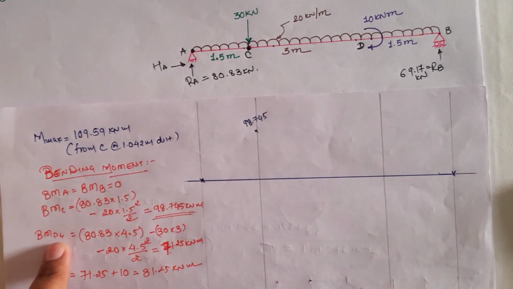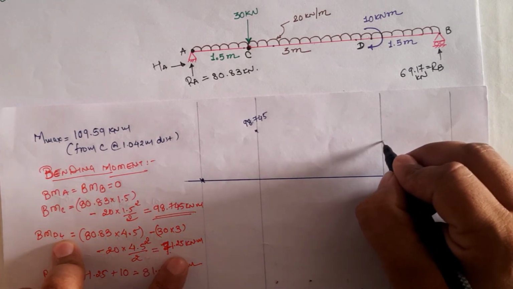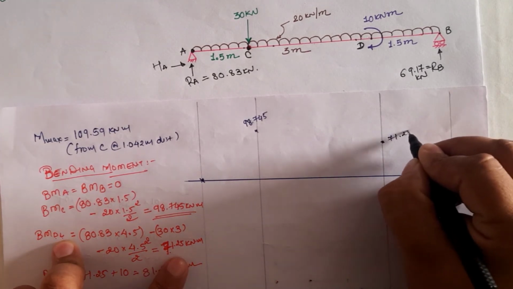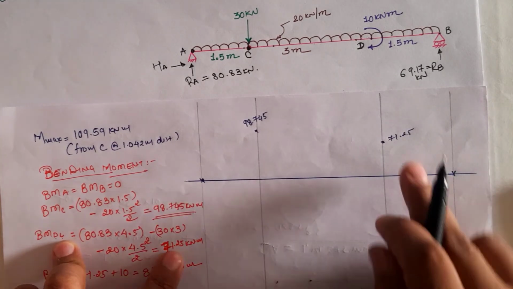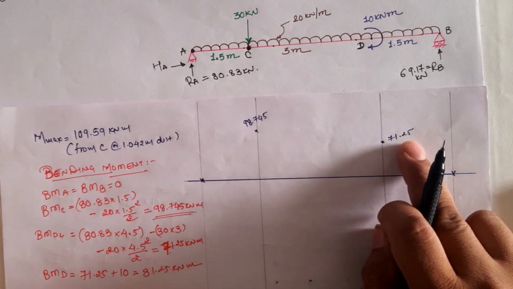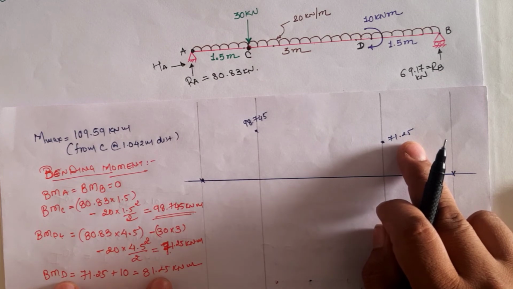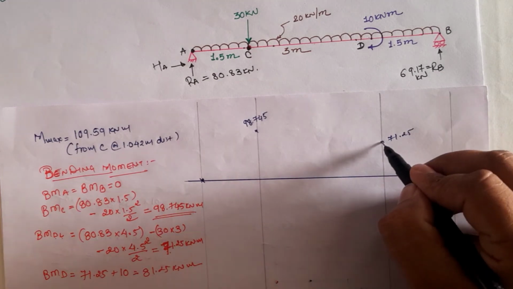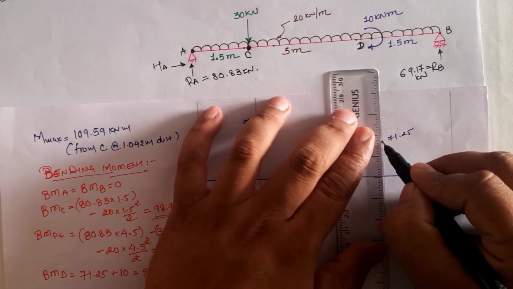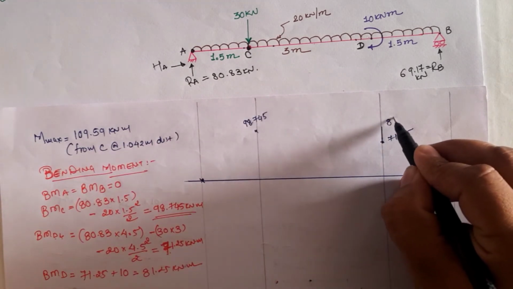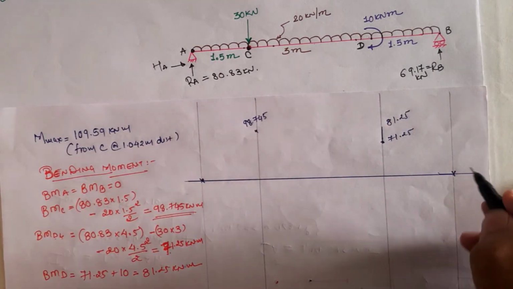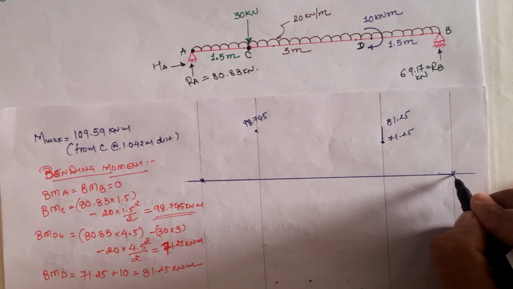At location D, just before point D, our value is 71.25 kilonewton meter. At exactly location D, our value is 81.25. So from 71.25 to 81.25, and at location B, our value is 0.